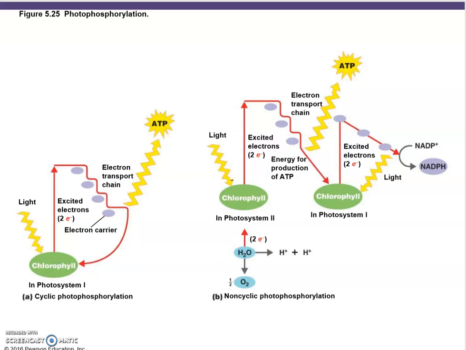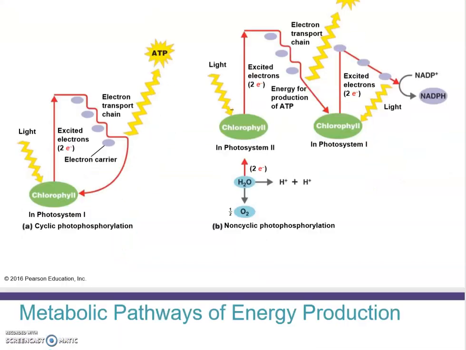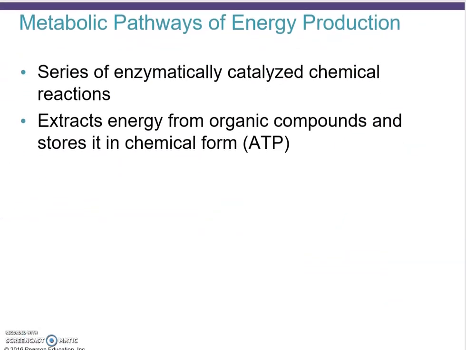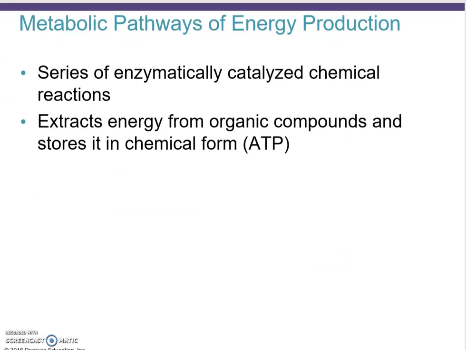So these are basically all spin-offs of the same thing, somehow getting electrons that have a lot of energy and then using them in these electron transport chains to make ATP. And we'll get more specific examples later. Okay, so metabolic pathways of energy production.